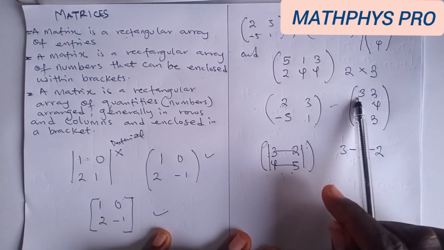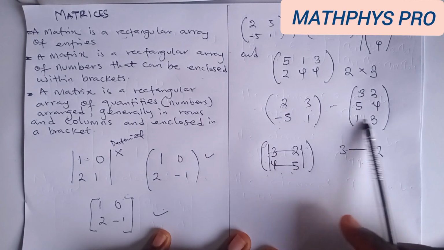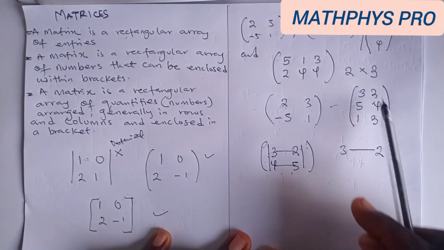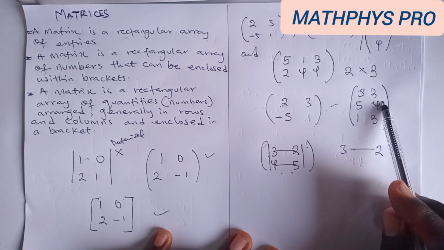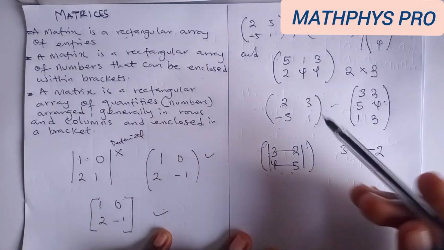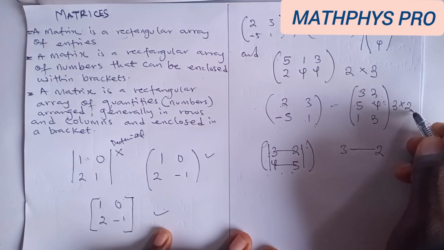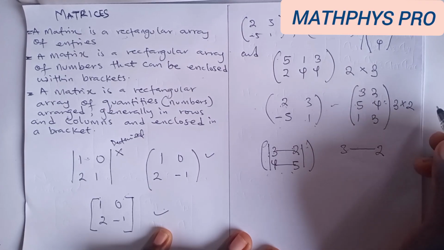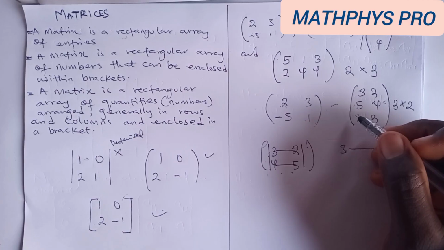Look, there are 3 rows: this is the first row, 1 2 3. And how many columns are here? 2 columns, 1 2. So I can say that this matrix is of the order, you remember, you pronounce the row before the columns, 3 by 2, because it has 3 rows of elements and 2 columns of elements.